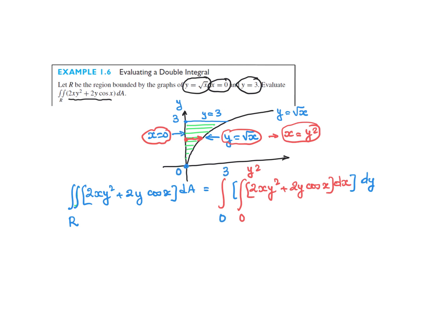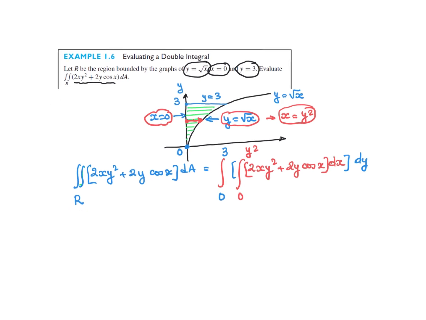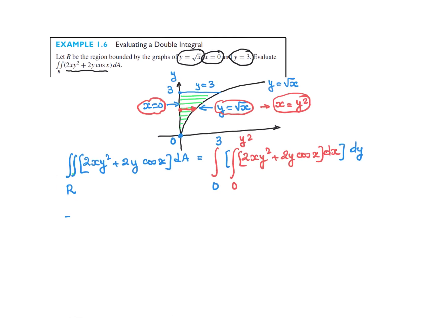Perfectly okay to do it this way. So I'm integrating with respect to x from left to right, and then with respect to y from down to up, so from 0 to 3.